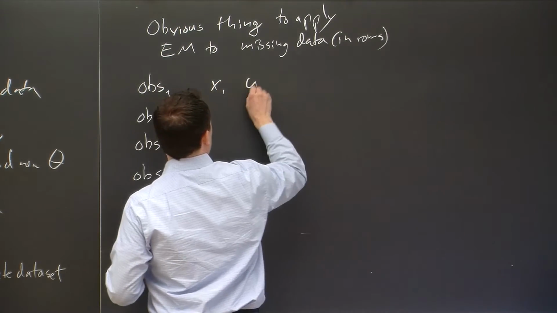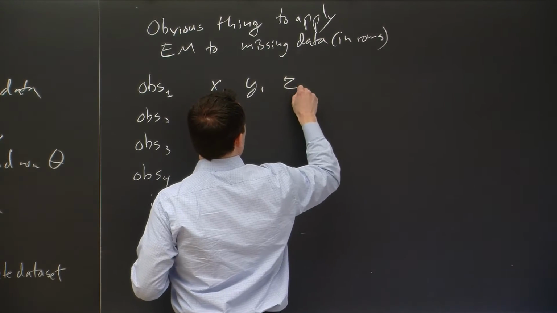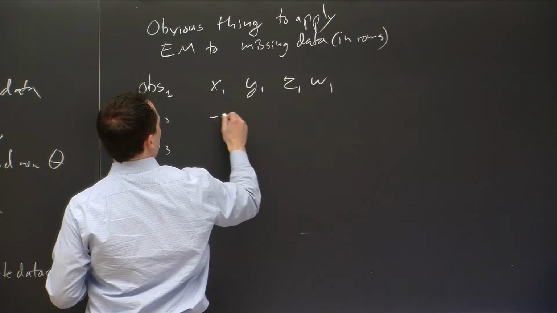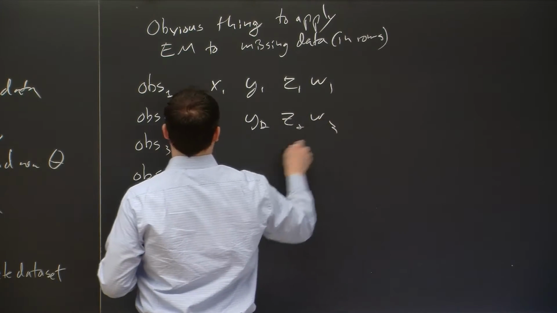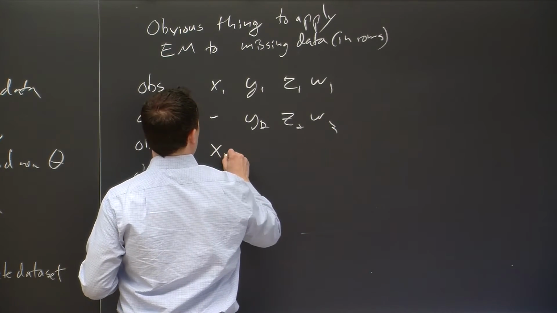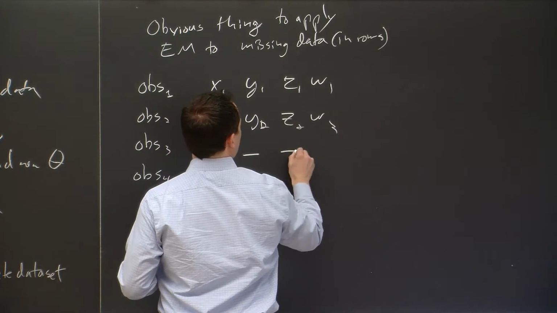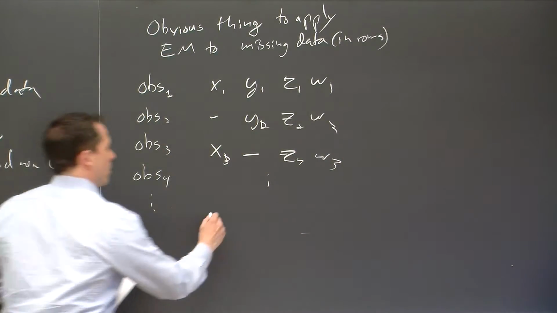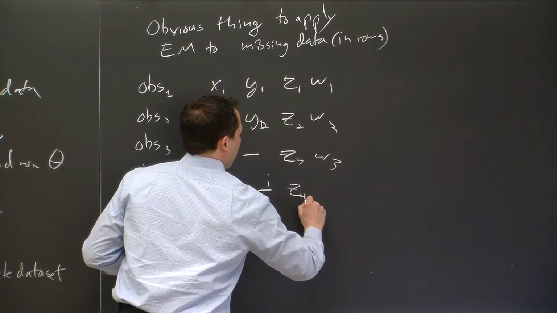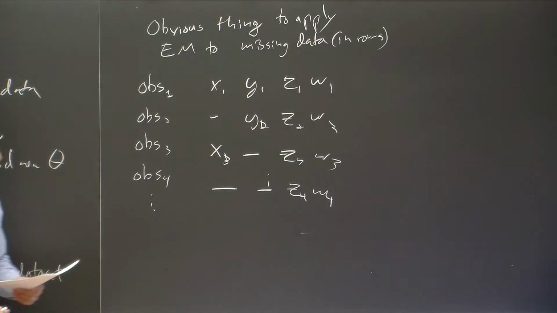And we have x1, y1, z1, w1, and in this one, the x is missing. In this one, the y is missing, and so on. Maybe the first two are missing, and then z4, w4. So there are different missingness patterns.